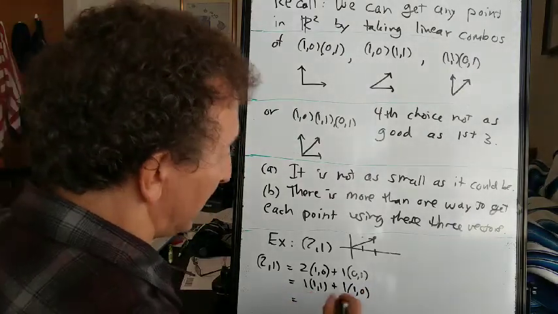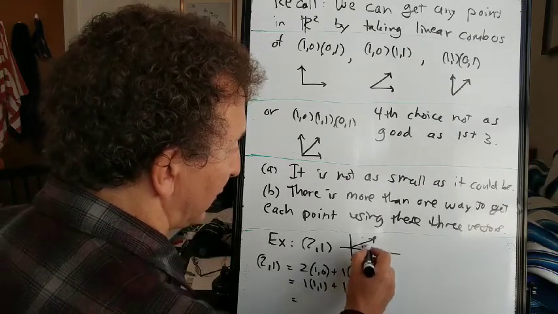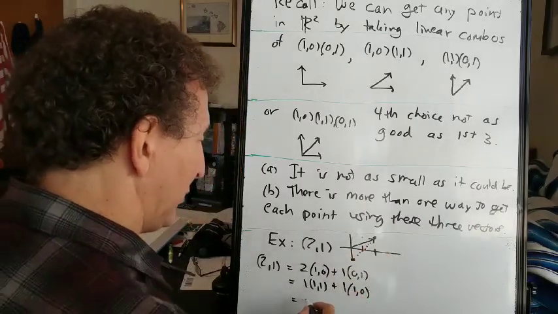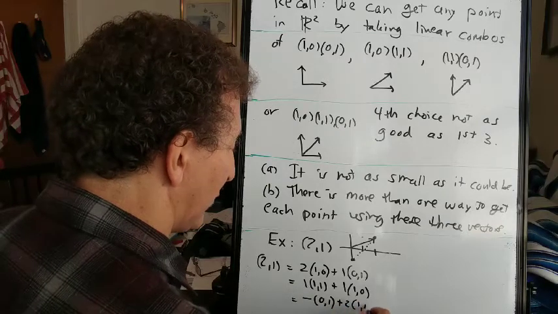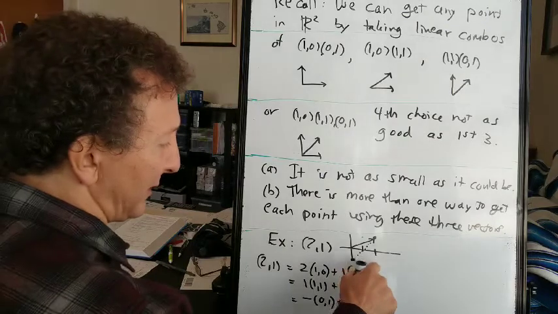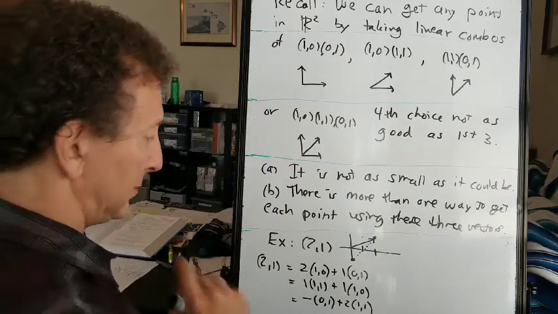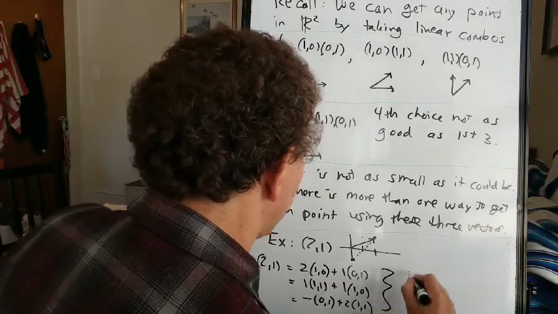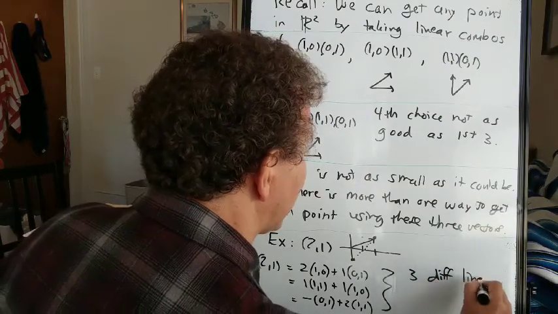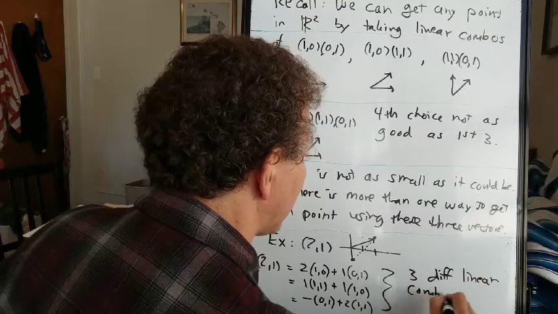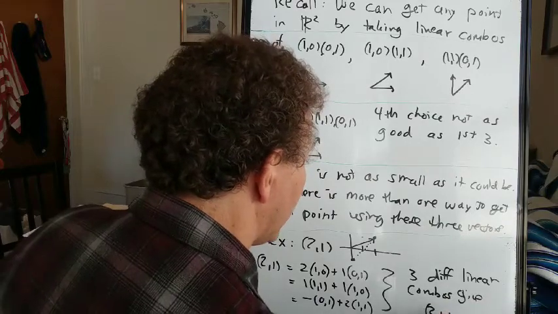And we could also go down 1 step first if we wanted, and then take 2 steps in this direction. So it could be minus (0, 1) plus 2 times (1, 1). So we've got 3 different ways to get to the point (2, 1) using these 3 vectors. So these are 3 different linear combinations that give the point (2, 1).